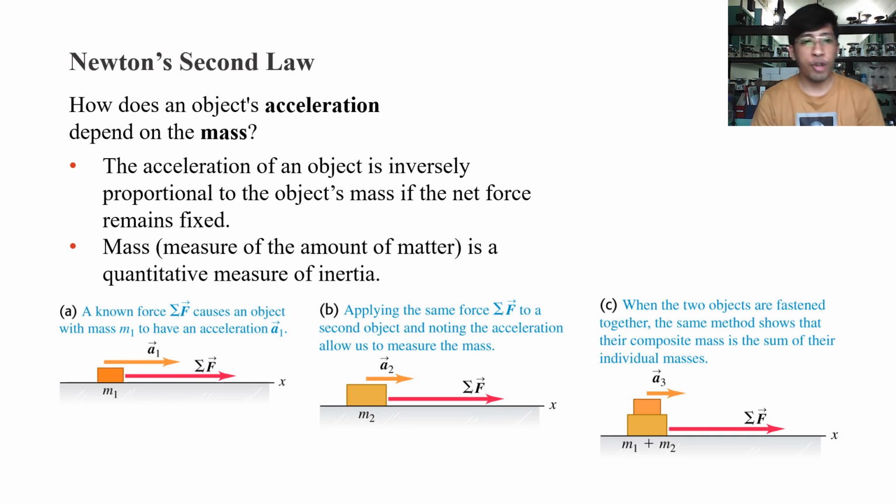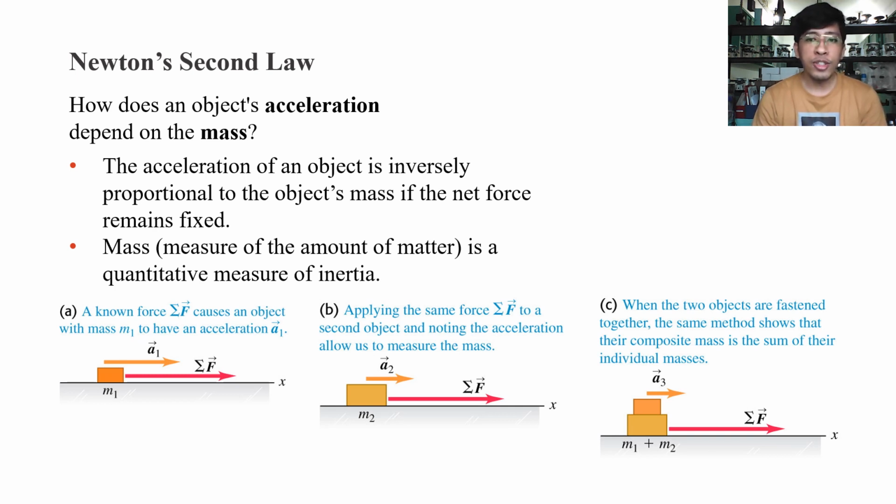We apply the same F to the second object, and note its acceleration. We can observe on figure A that m1 is smaller than m2. If you apply the same force, you'd observe that you accelerate mass m1 faster than mass m2, which has a greater mass compared to m1.